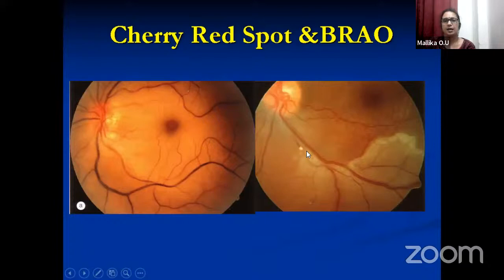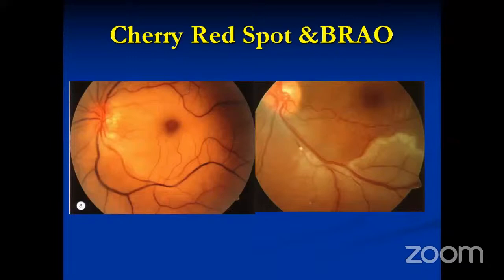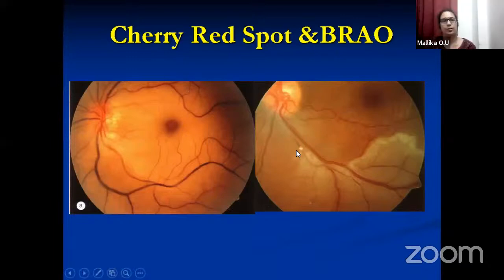And you can see the area beyond this is white in color. Can you see? Anybody can respond. So there is a small embolus occluding. In this patient also, at the optic disc itself, there is an embolus, and this embolus is responsible for the whole white area and the cherry red spot.